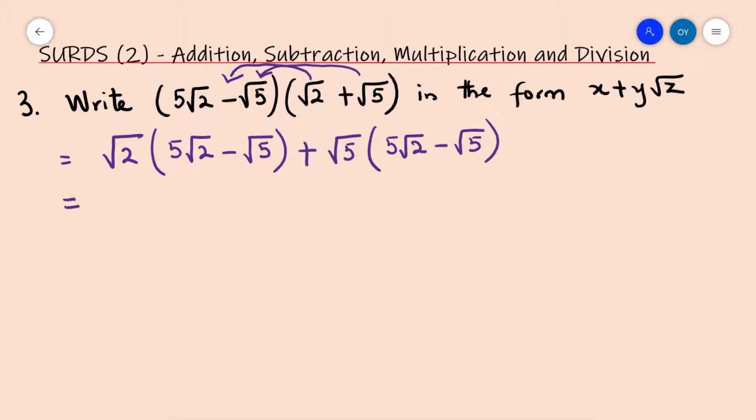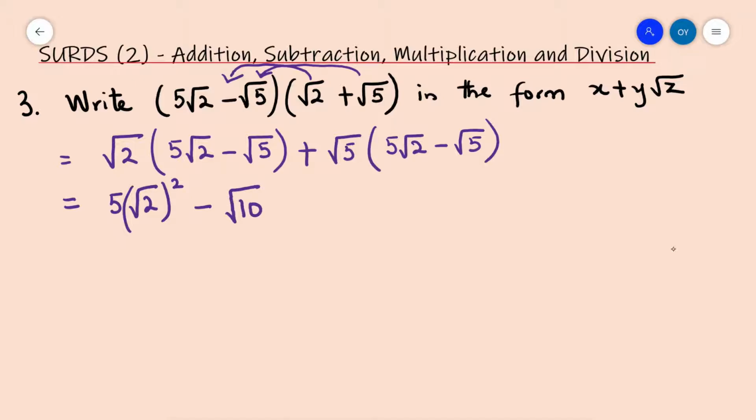So we have root 2 times 5 root 2 gives us 5 root 2 square, because root 2 times root 2 is root 2 square. Then minus root 2 times root 5, we have root 10.